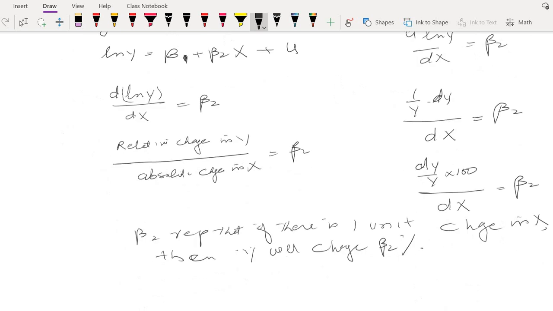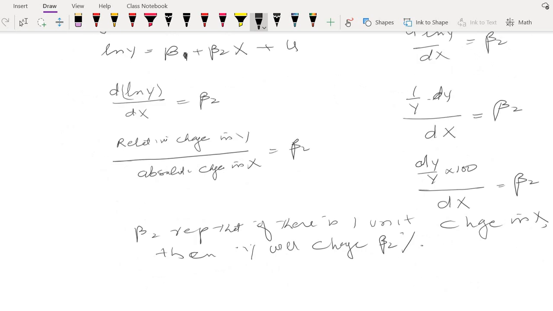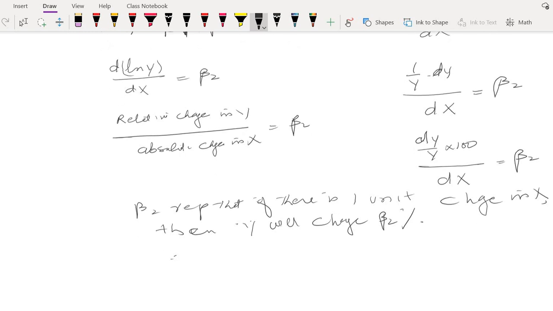We had d ln of y over dx equal to beta 2, right? And what we are trying to find is the slope, which is nothing but dy by dx.